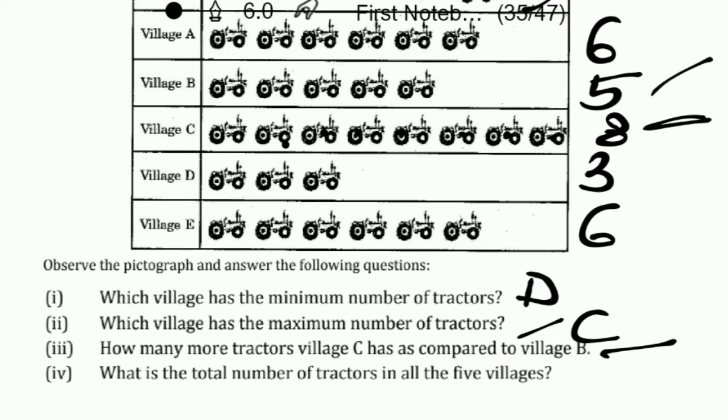It means 3 more. What is the total number of tractors in all 5 villages? 6 plus 5, 11. 11 plus 8, 19. 19 plus 3, 22. Plus 6, 28 tractors total in all 5 villages. Like this we have to do this question.